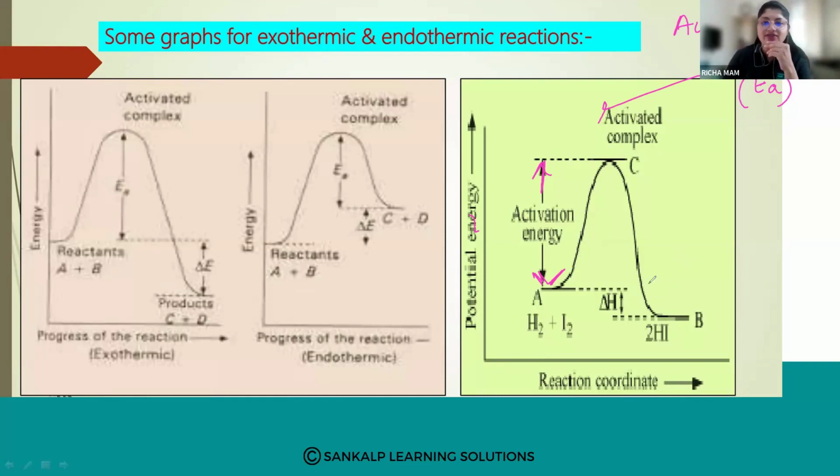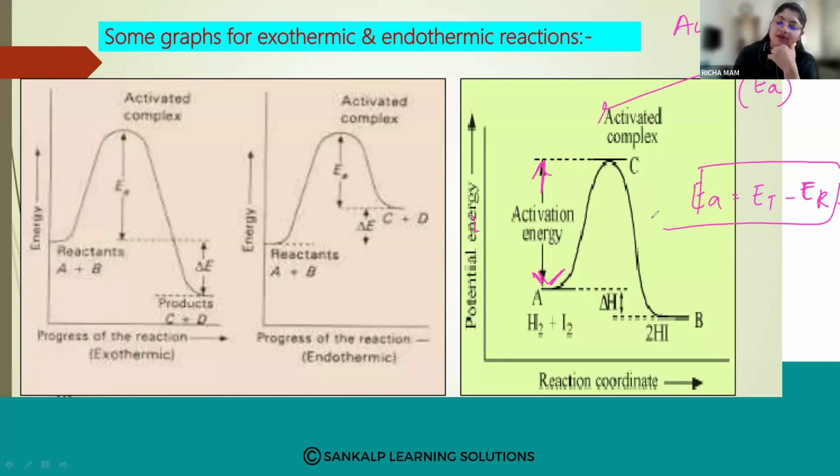So what is activation energy given as? Activation energy is given as ET minus ER, where ET means the threshold energy minus the reacting energy. So this is from the graph.